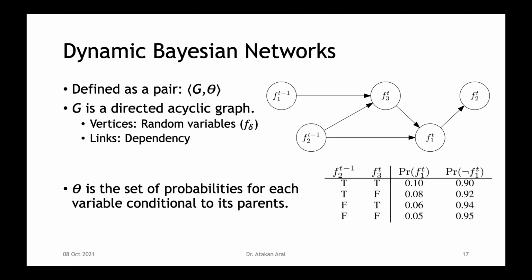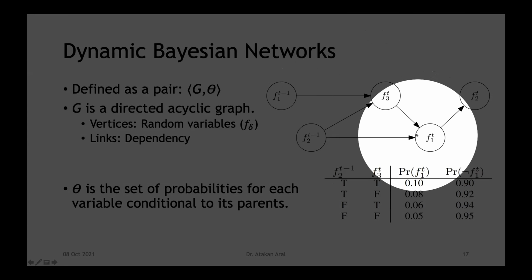What is really beneficial for our cause in dynamic Bayesian networks is a property called the independence assumption. According to this property, which I will explain better with an example, each variable is directly dependent on its parents, but independent of its non-descendants given these parents. It's a complex sentence, but what it says is, if I know the values of F3t and F2t minus 1, so the parents of this one, then I can assume that the failure probability of this node is independent from this one, because it's not a descendant of this node.